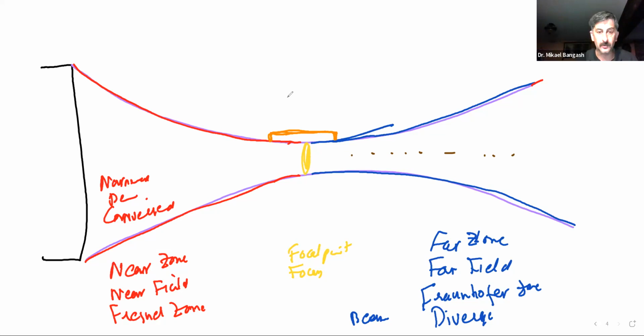This zone here is going to be referred to as the focal zone, which is just a zone around the focus or focal point.